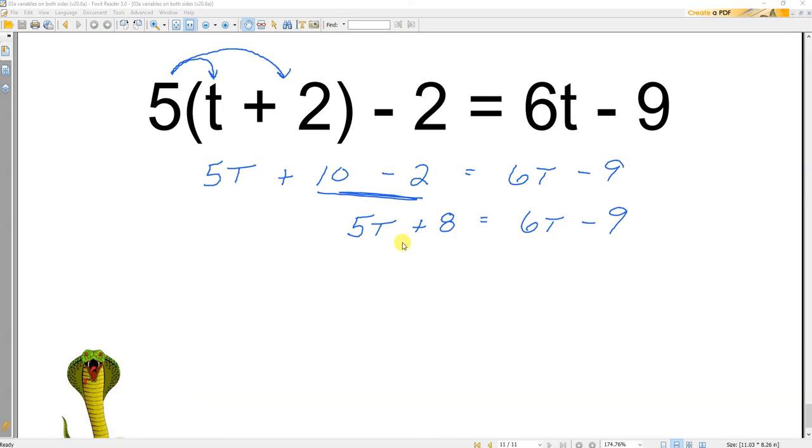I can either subtract 5t or subtract 6t. I'm going to do the 5t because it keeps everything positive. So t equals 17.